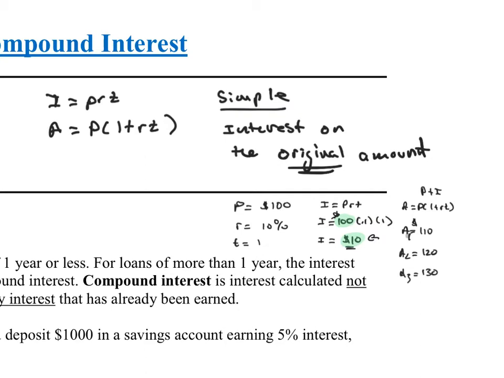When we calculate the interest for that second year, I do not take interest off the original $100. I actually take interest now off of the new amount. So simple interest is always off the original amount, compound interest is always off of the new amount.